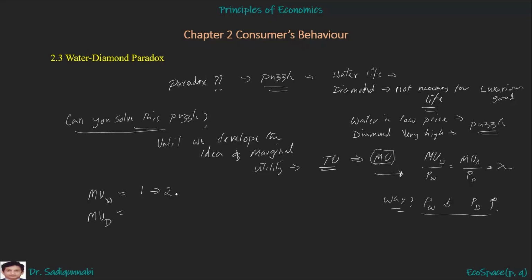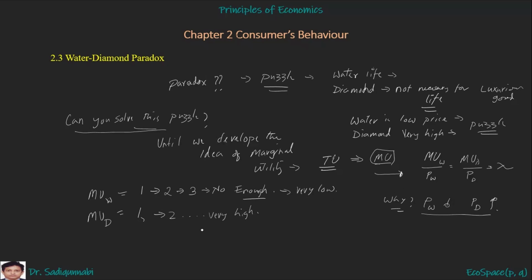If you are very thirsty, then the third glass, no, enough. But what about a diamond? One unit, then a second unit. Do you say enough? No, sir. So the marginal utility of diamond is very high, and the marginal utility of water is very low.